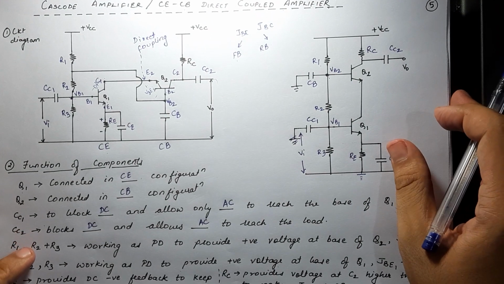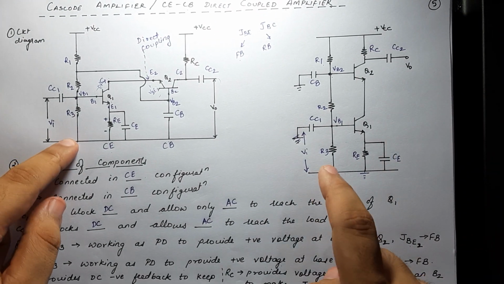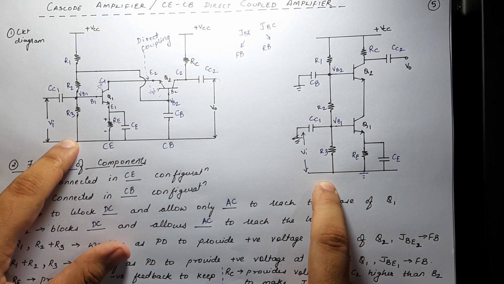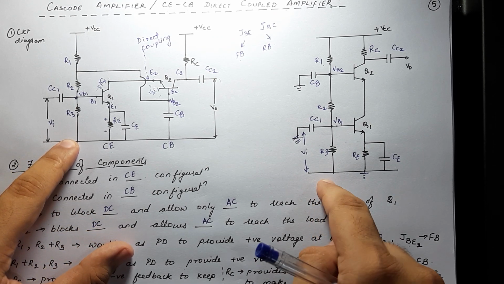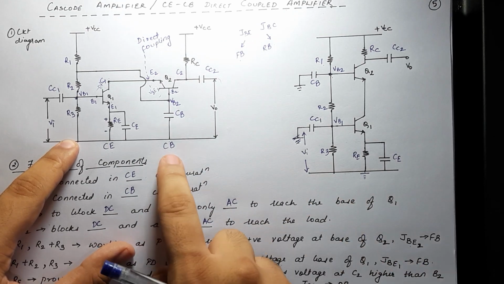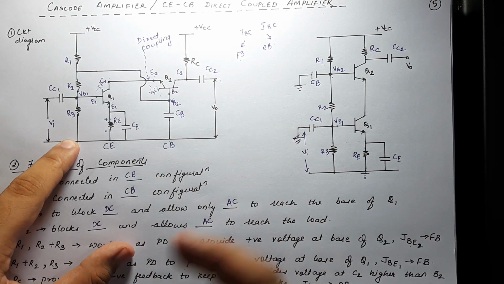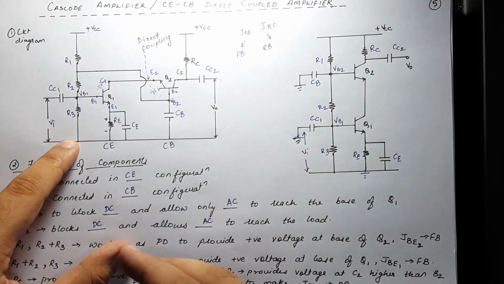Also, before going for DC analysis, I would expect everyone to draw this circuit diagram in your notebook for practice, because it seems that the university is quite keen on asking this question many times for 10 marks. And for 10 marks, you can't write simple theory. You need to go for DC and AC analysis.